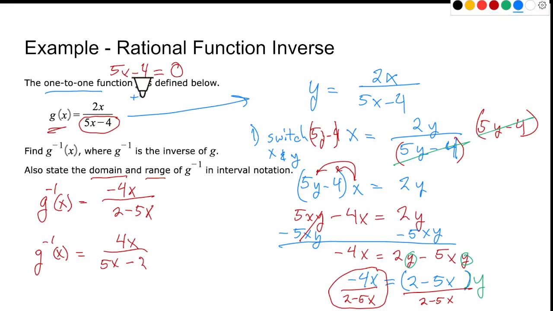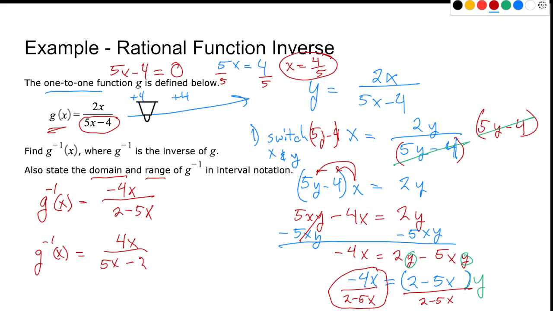So then we can add 4 to both sides, giving us 5x equals 4. Then we divide both sides by 5, and we get x equals 4/5. Remember, that's what needs to get excluded.